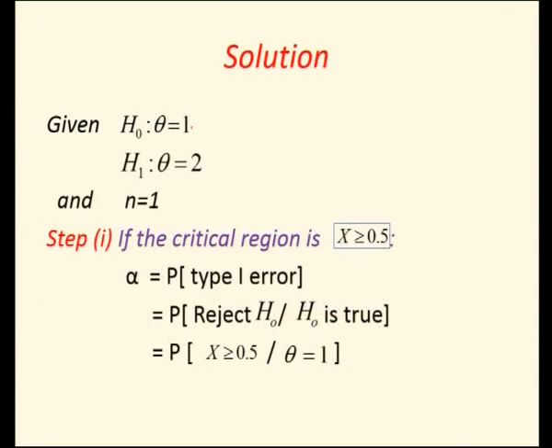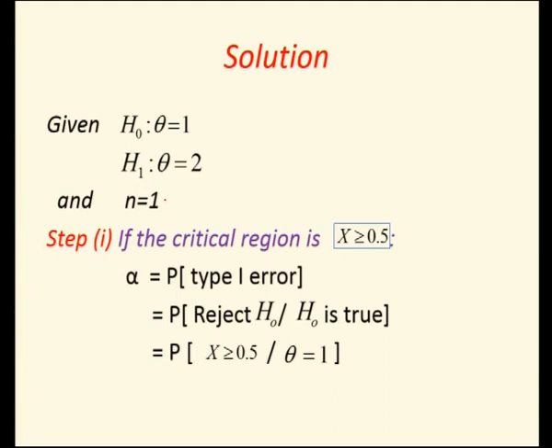Coming to the solution part, the hypothesis is stated as H naught: theta is equal to 1, H1: theta is equal to 2. You are given the sample size, namely only one sample. Now, let us go to the first part of the problem.